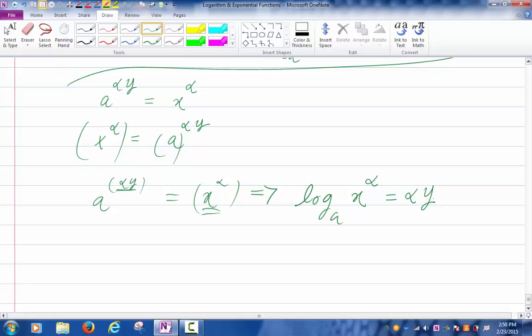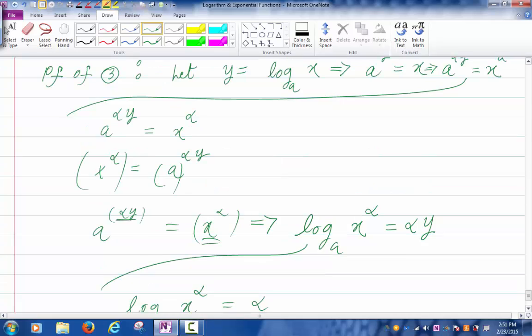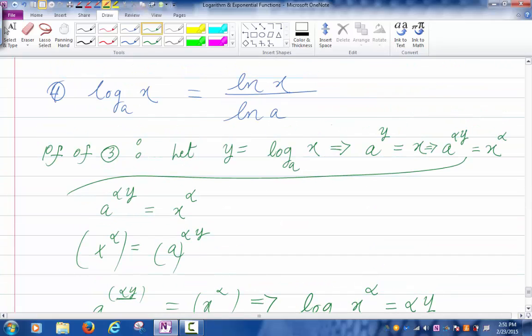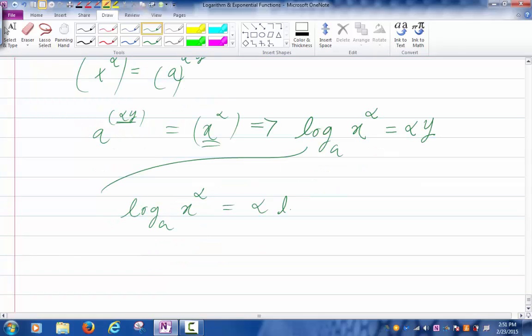Once again, the exponential base a takes alpha y to x to the alpha, so the log base a will take x to the alpha back to alpha y. So I get this. But what is y? Remember, we took y to be log base a of x, and I'm done.